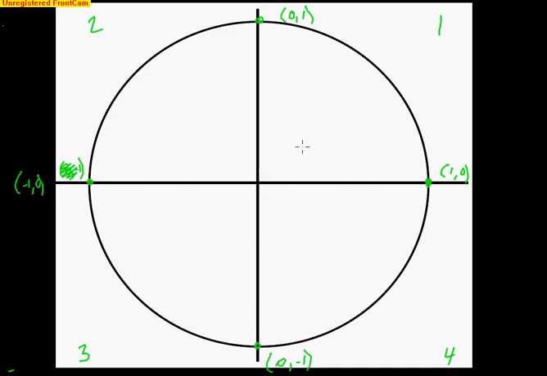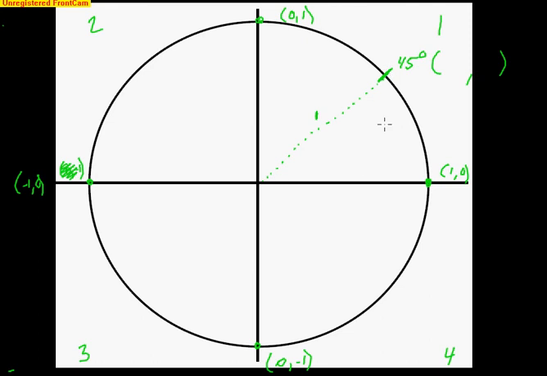So let's first draw in here the 45 degree angle right here. If we make our 45 degree mark right here, at 45 degrees, we have to think about the point (x, y). This length right here is the hypotenuse, that's 1, right? And then we think about the triangle that would be made.